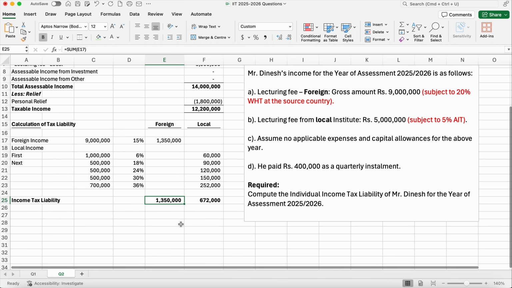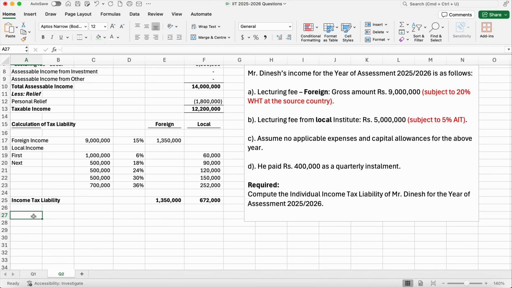These are the amounts. So then what you can do, you can deduct tax credit. Then you can deduct less tax credit.